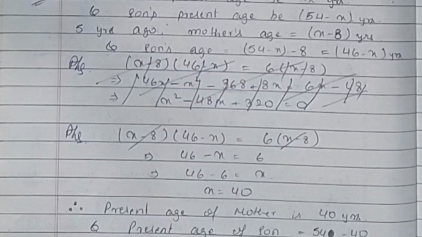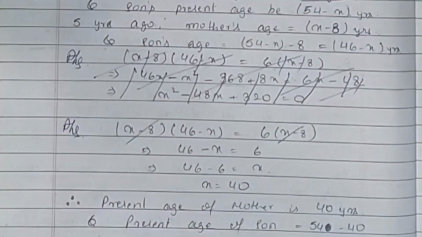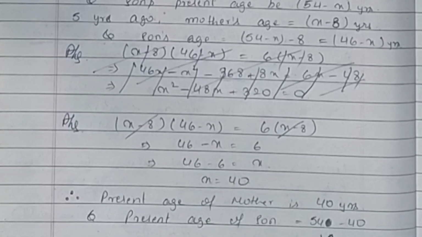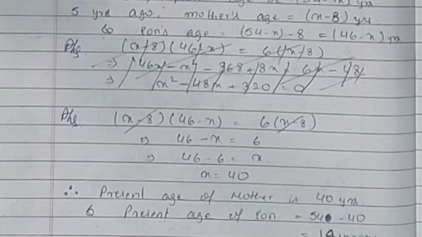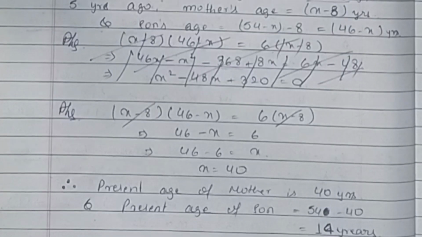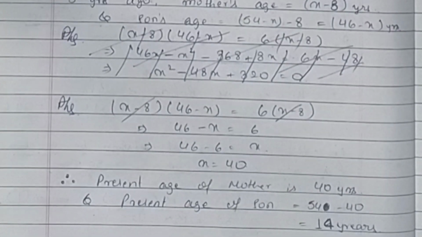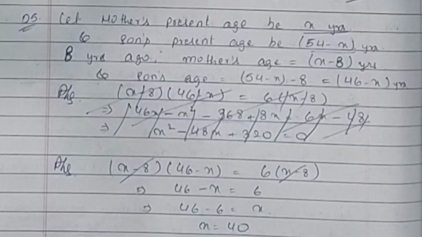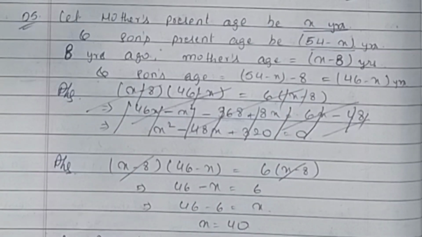So basically, we have assumed mother's age to be x years. Now we have the sum of mother's and son's age, which is 54. So just by following this, we have assumed son's present age to be 54 minus x, because the sum of the present ages of mother and son is 54 years. Now the question is further discussing the time 8 years ago. So let's see what will be the mother's age 8 years ago.